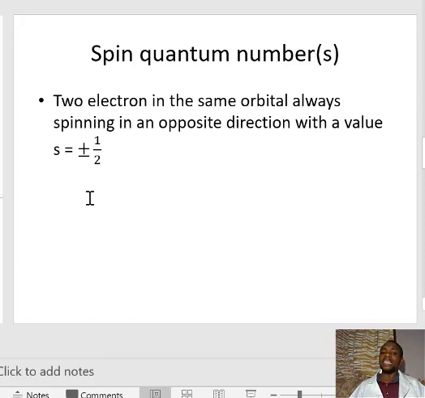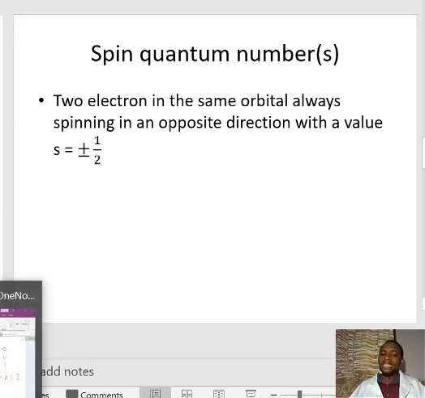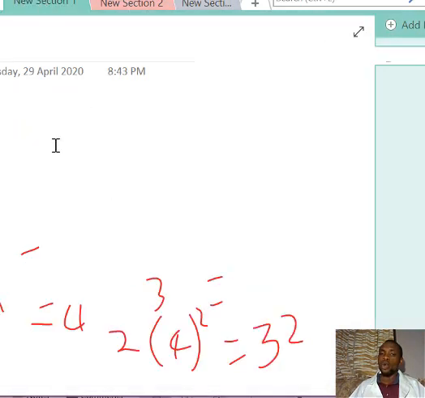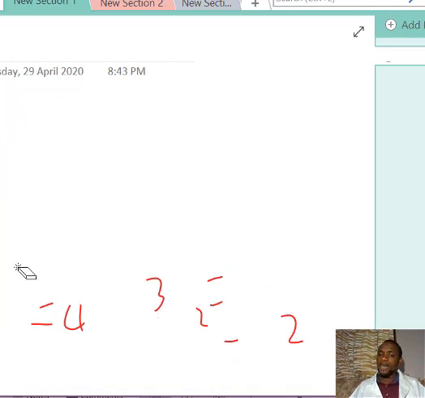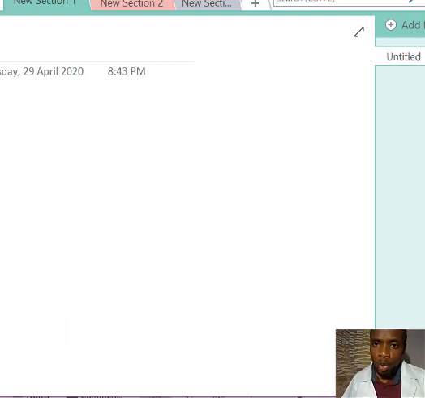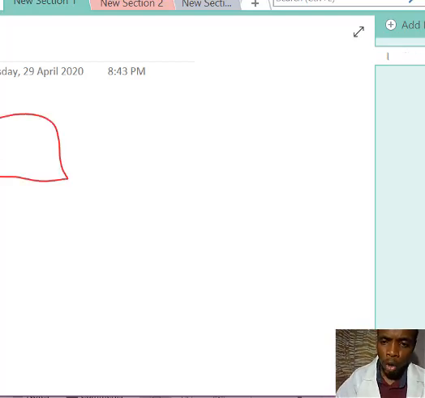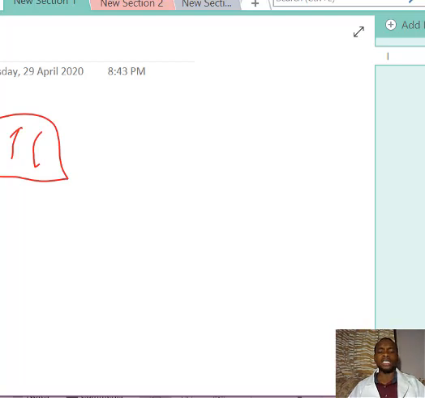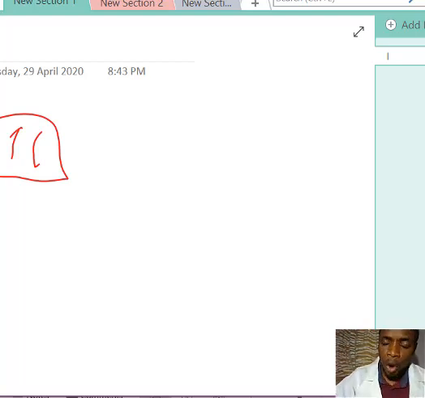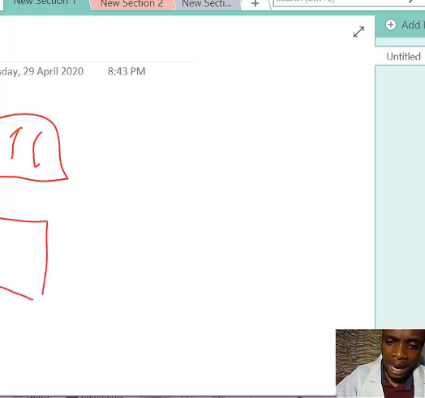Each electron is spinning or rotating in the opposite direction: one can rotate clockwise, while the other rotates anti-clockwise. If an orbital is represented with a box, and 2 electrons occupy that box, one is clockwise and the other anti-clockwise, meaning we draw one with the arrow facing up and the other with the arrow facing down, like this.